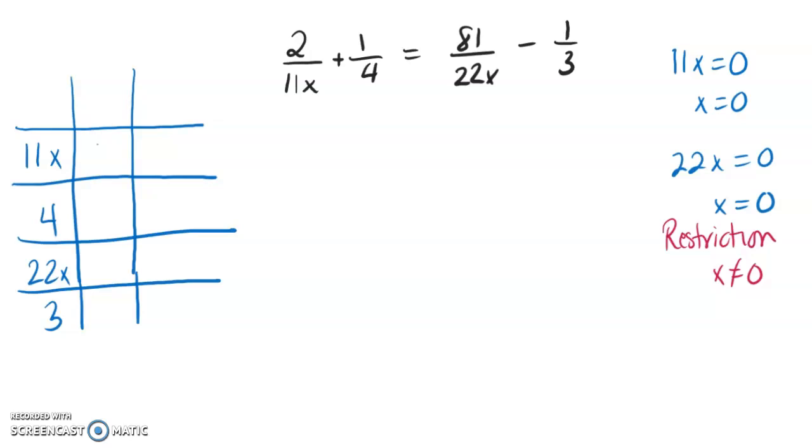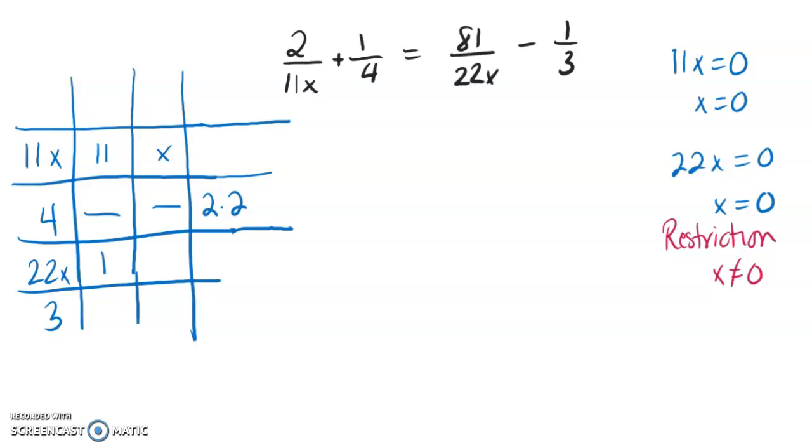So 11x. 11 is a prime number. I've got a factor of 11 and an x in this one. 4. Well, 4 does not have 11 in it, and it doesn't have x in it. But 4 is made up of 2 times 2. How about 22? Well, 22 is not prime.